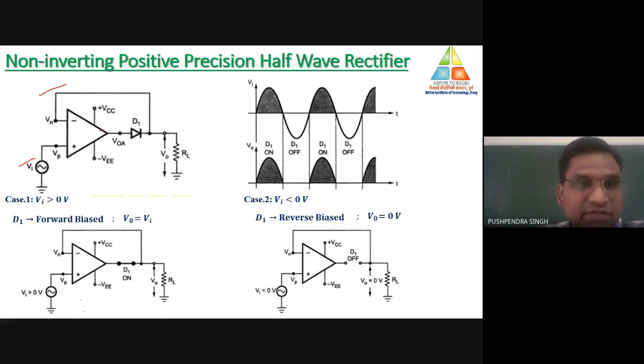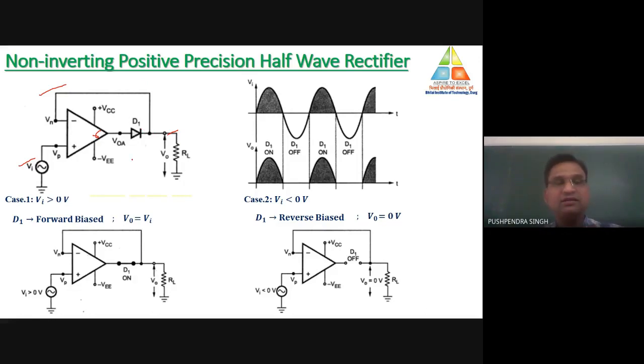At the 6th terminal, which is the output terminal of the op-amp, diode D1 is connected, and at the output, the load resistance is RL. Across this load resistance, we are going to calculate the output voltage. This is the feedback element, and in the feedback there is no resistance present. That means whatever the value at the input terminal, due to virtual ground, the same voltage will be generated over here. So let's see the operation of the circuit.